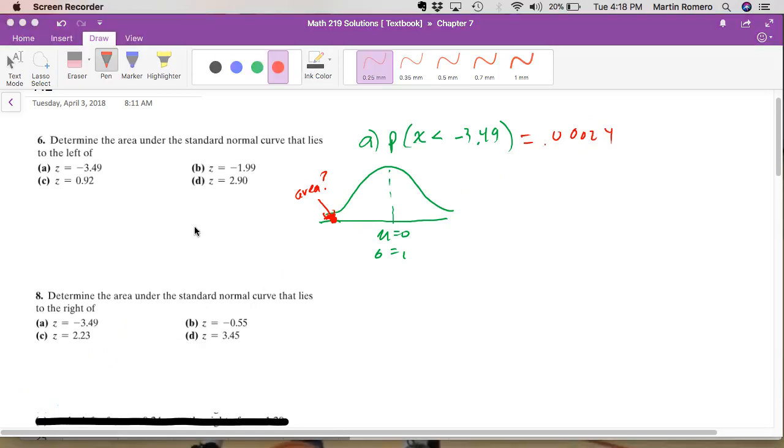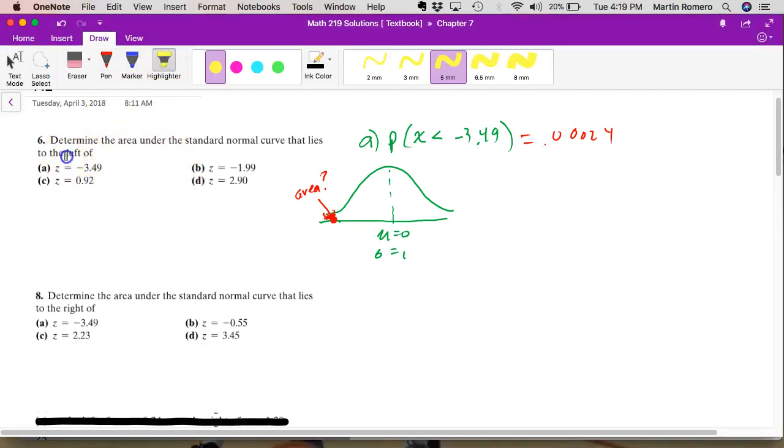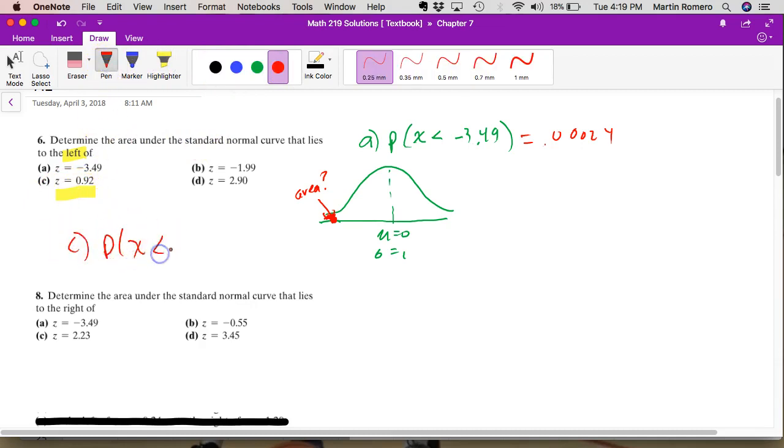And so now looking at problem C, looking for the area to the left under the standard normal curve of z equals negative 0.92. And so for C, we're looking for this. Negative 0.92 is going to be somewhere over here.